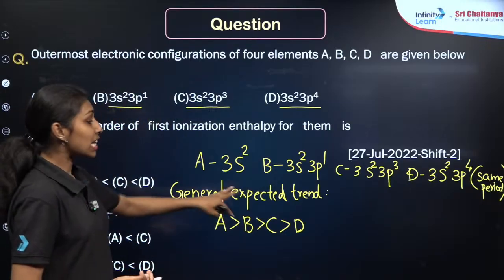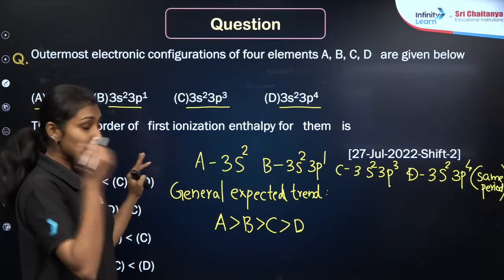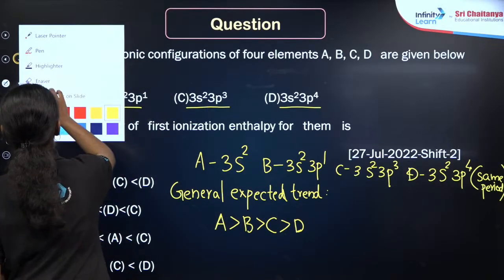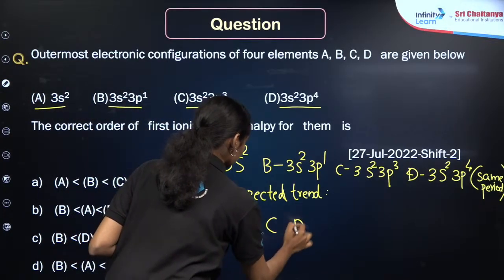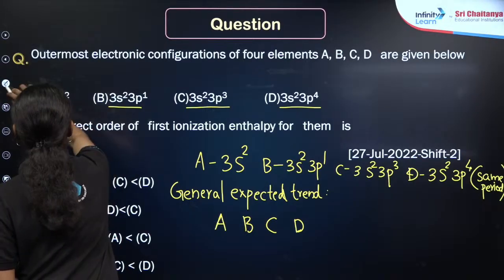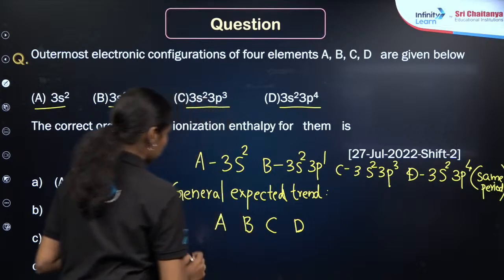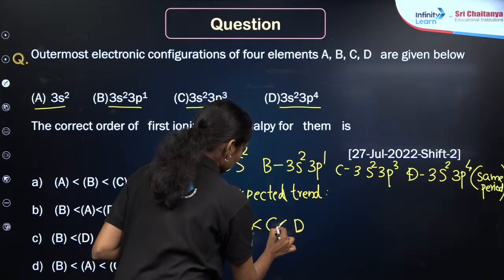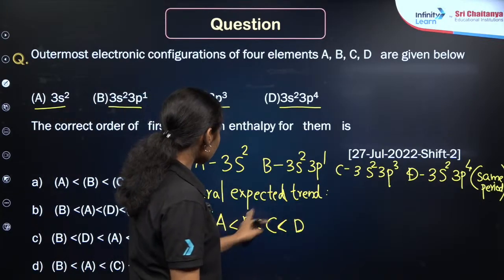This will be the general expected trend because from left to right in a period, size decreases, which means ionization energy increases. This will be the general trend from A, B, C, D.